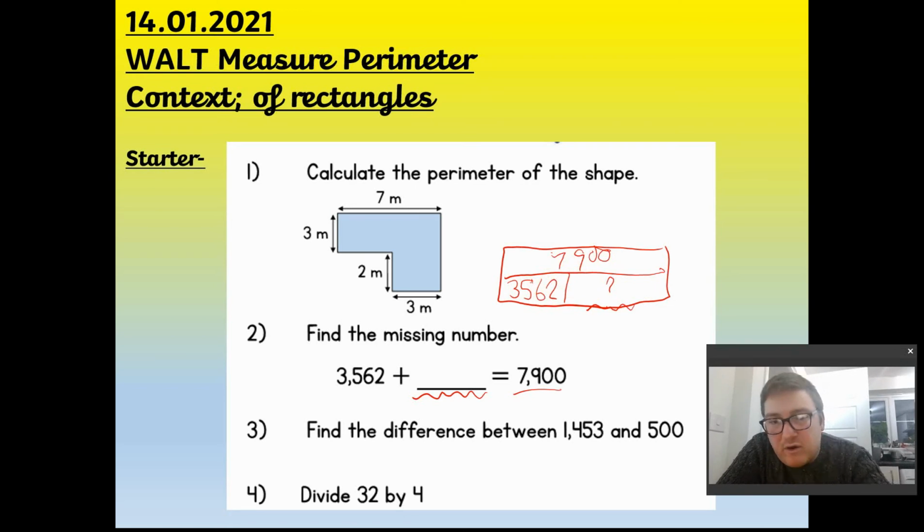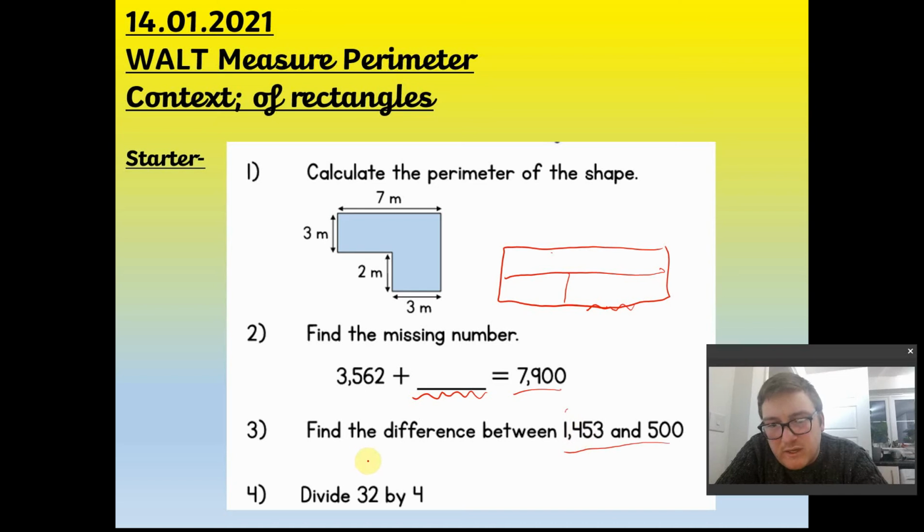Now, keeping with the bar model theme, we need to find out the difference between something. We can even use a bar model to work out this last question here. Now you're probably thinking, how on earth do I use a bar model to work out the difference? Well, again, what is the difference between these two numbers?